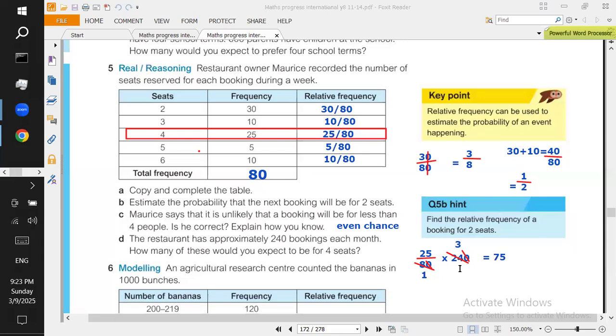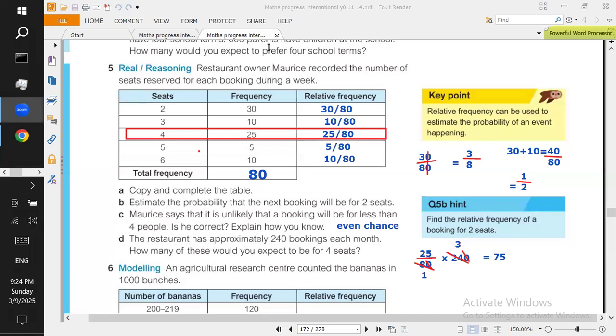And this is the answer of question D. Now, that's the idea for question 5. I hope you understood the ideas of relative frequencies. Now, relative frequencies are considered the same as the experimental probabilities, and we can use them to find the expected probability of an event.